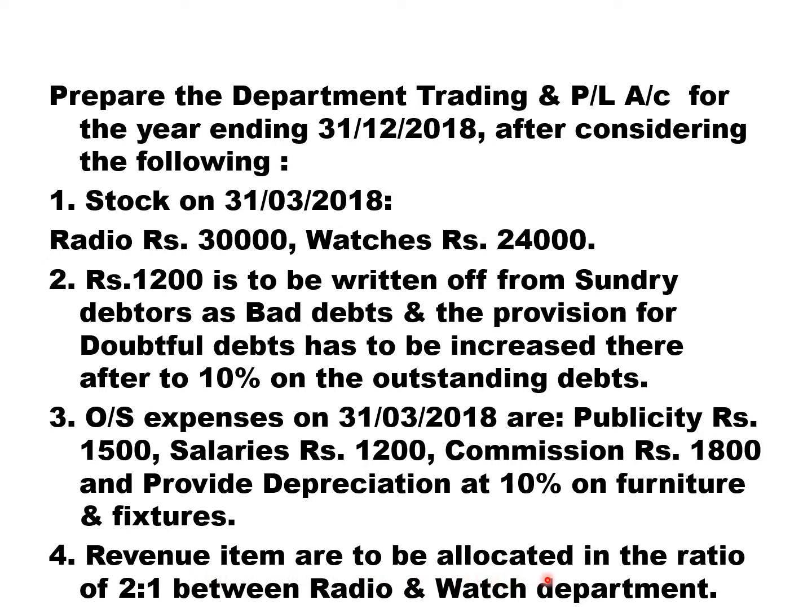Allocated means distributed in the ratio of 2:1 between radio and watch department. So all expenses are revenue only, students. There are no capital expenses in our question. So all expenses given in the PL account are revenue. Adjustment is revenue. Therefore, it's such a simple problem that all expenses have to be distributed in 2:1.